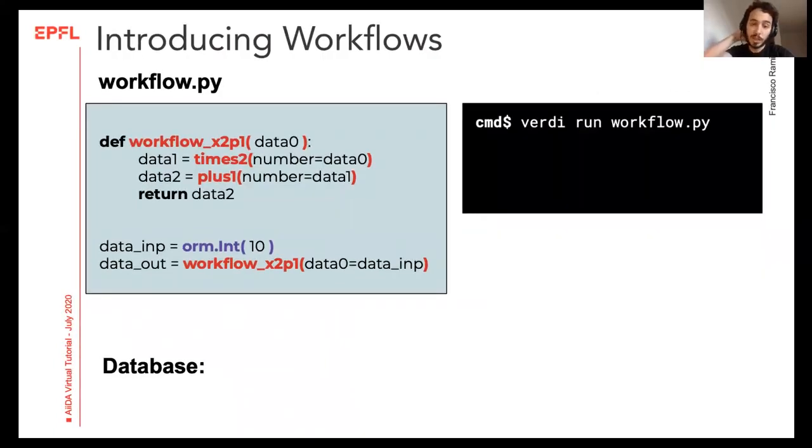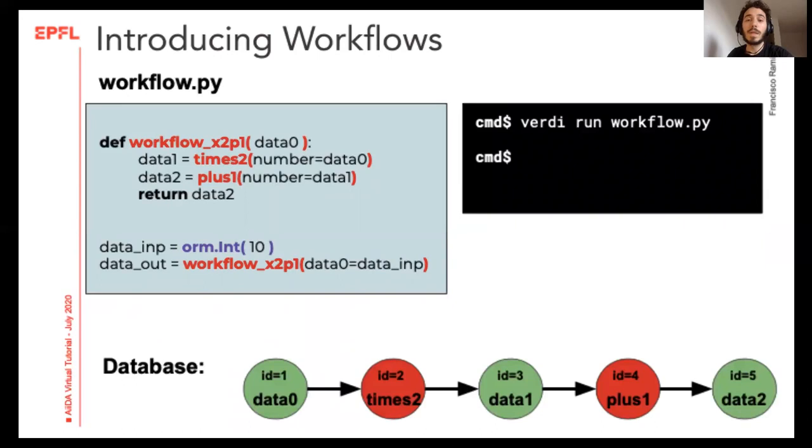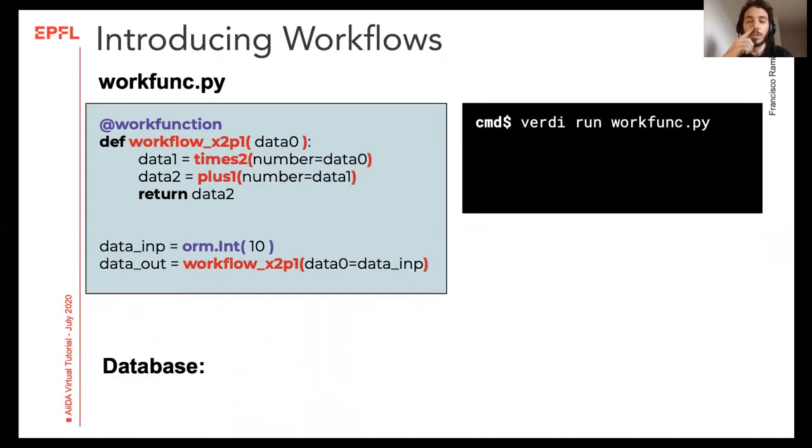So if we were to run this new script with AiiDA, then we would obtain the exact same provenance as before, as is expected. But again, with some simple modifications in the way that the script works, in this case just a single decorator, we can indicate to AiiDA that this function is defining a cohesive procedure.